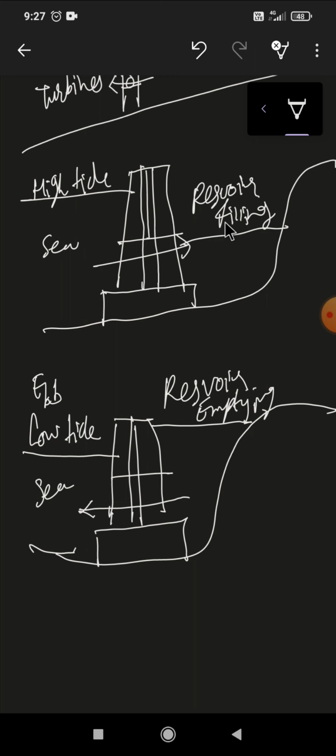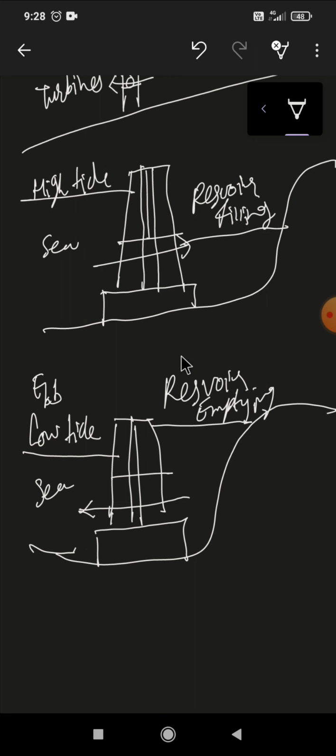At the beginning of the ebb tide, the sluice gates are closed. Then the generation of power takes place when the sea is ebbing, flowing back to the tide, and the water from the basin flows over the turbines into the lower level of seawater.